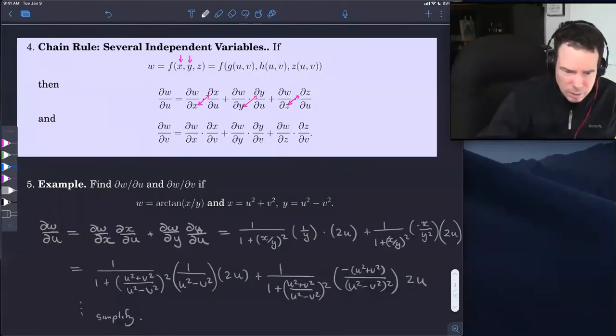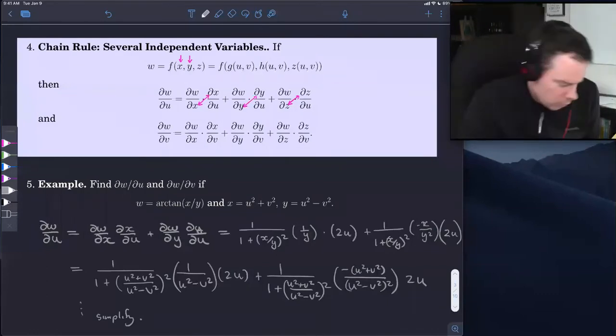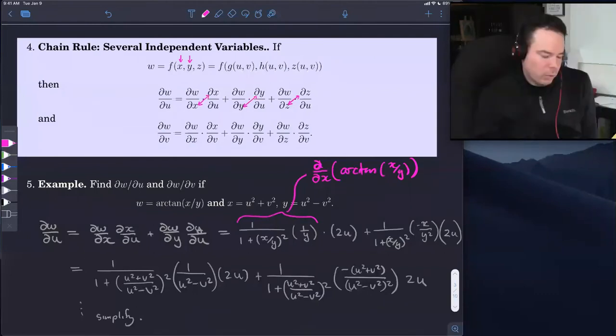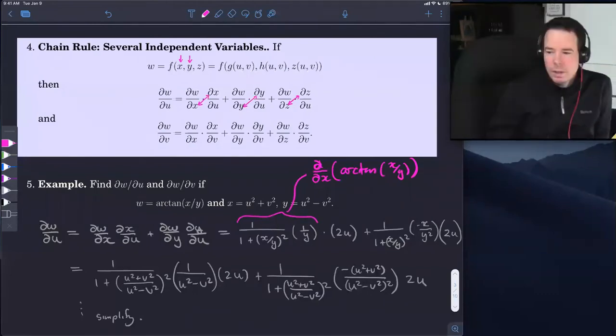I'm just taking a peek at the chats. Where did the 1 over y come from? Good question. I'm differentiating. So this piece here is coming from the derivative of w with respect to x. So that's of arctan of x over y. And when I do that derivative, I've got to do a chain rule.